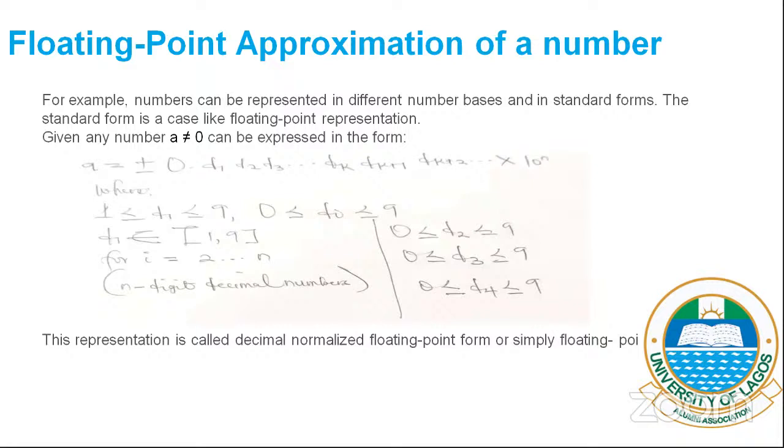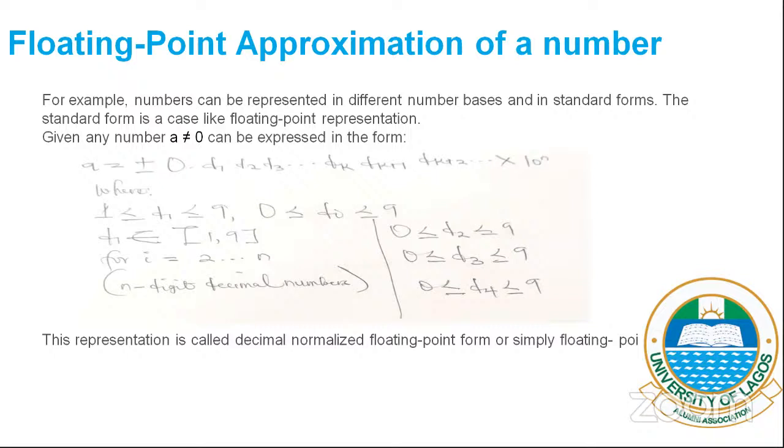So now, floating point approximation of a number. For example, numbers can be represented in different number bases and in standard form. And the standard form is a case like floating point representation. What this is trying to say is we have different number systems where numbers are either binary, decimal, octal, or hexadecimal.